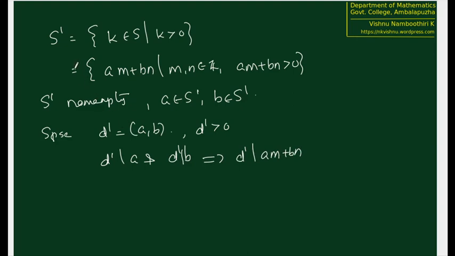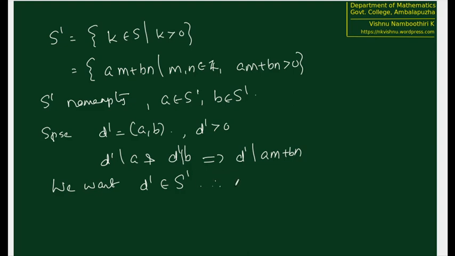But we want D prime to be an element in S prime. We want the GCD to be a linear combination of the form AM plus BN. Therefore, we want D prime to be in S prime. Since D prime divides every element in S prime, the possibility is that D prime is the least element in S prime. If D prime is not the least, suppose there exists some other integer in S prime which is less than D prime, then D prime cannot divide it.